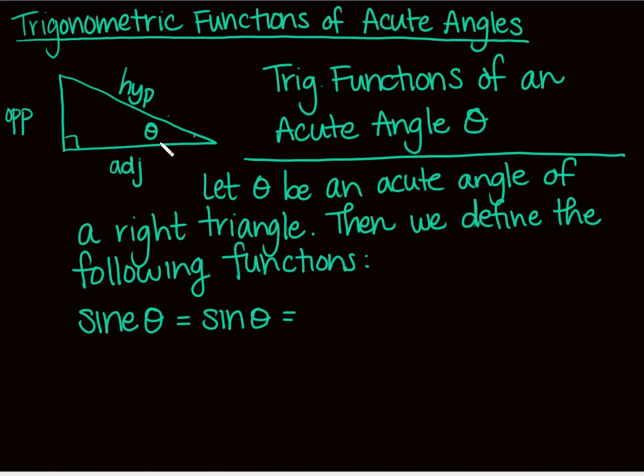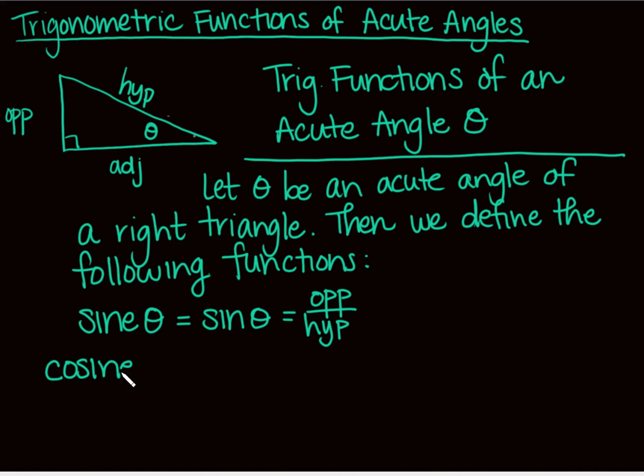Wherever theta is, sine is always the length of the opposite side divided by the length of the hypotenuse. That gives us a number. This number doesn't have any units on it. Well, it could have units, but it really is just a ratio between 2 sides.